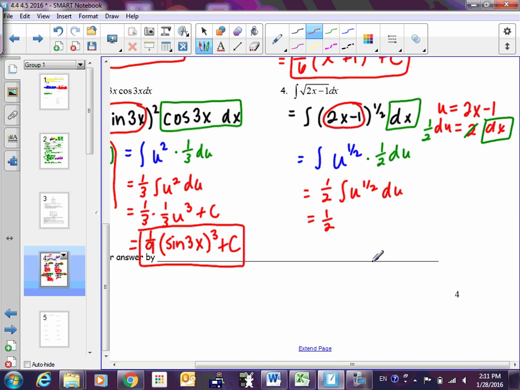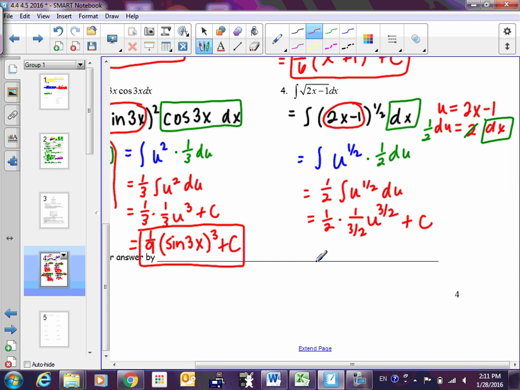Hopefully you're leaving yourself some more space than I am. What is the antiderivative of u to the 1/2? If I go 1 over u, 3/2 is the power. And so I put 3/2 down there. So there's a couple of things you can do here to simplify, although it's not required, but we need to know how to do this.